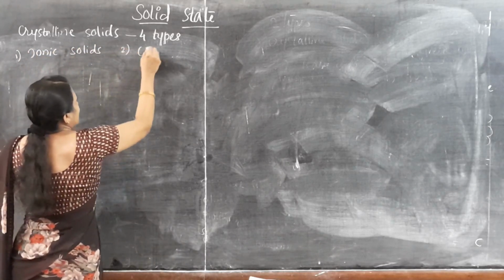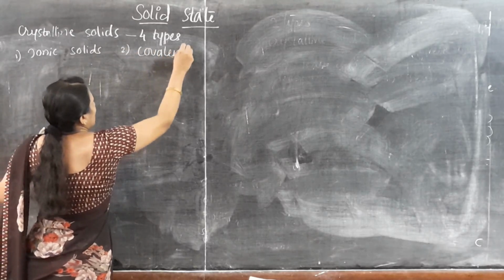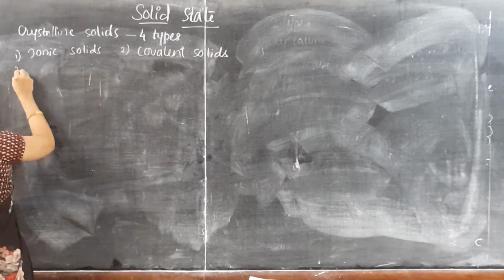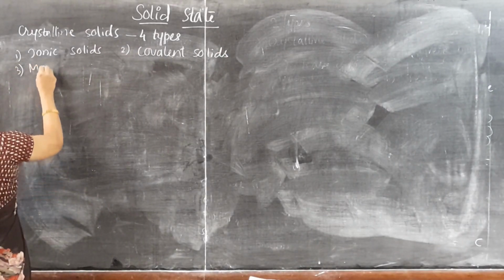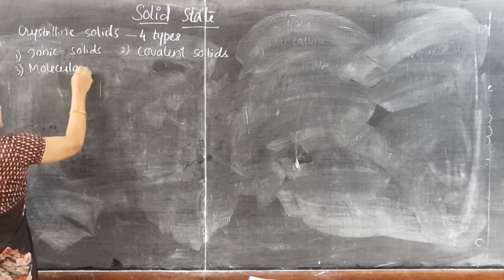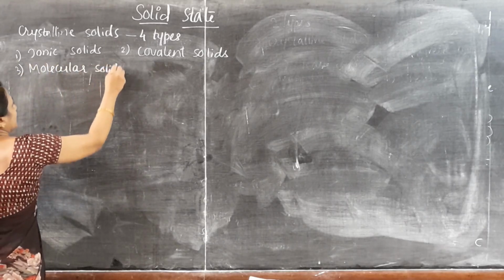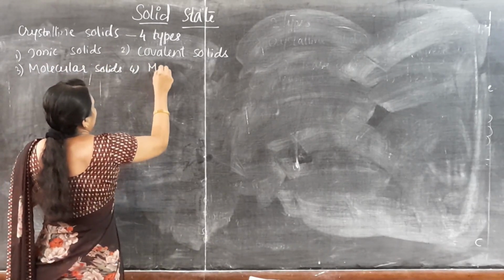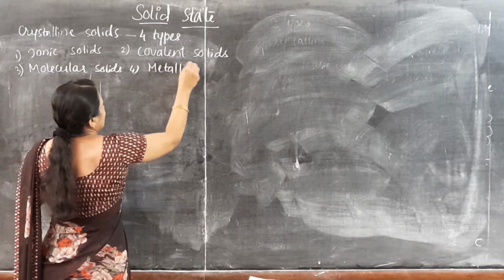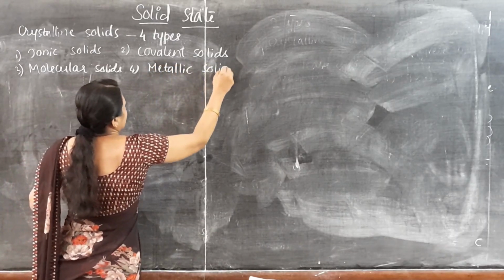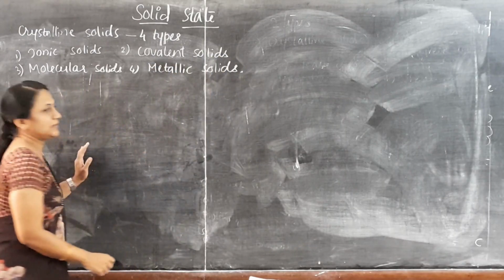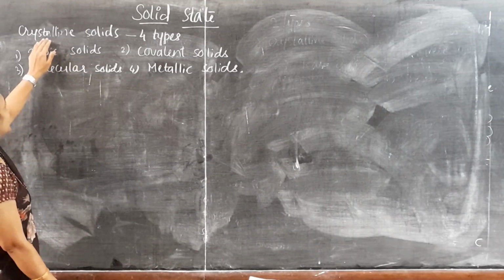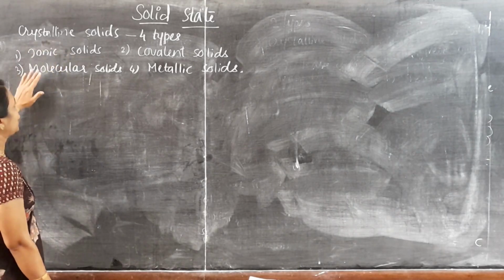Second type is covalent solids. Third one, molecular solids. And fourth one, metallic solids. Depending on the nature of bonding forces, crystalline solids are classified into four types.